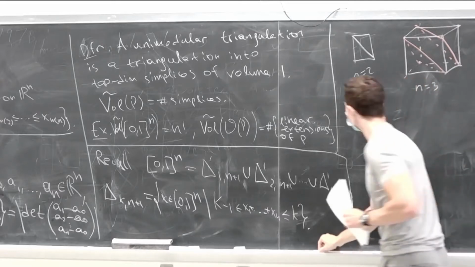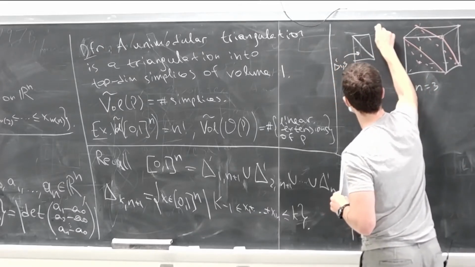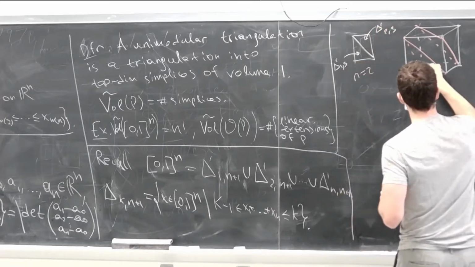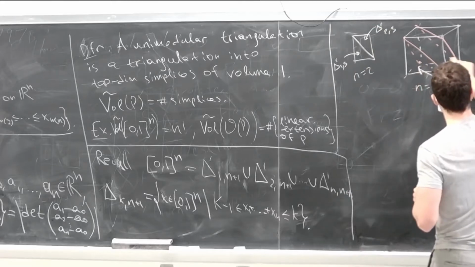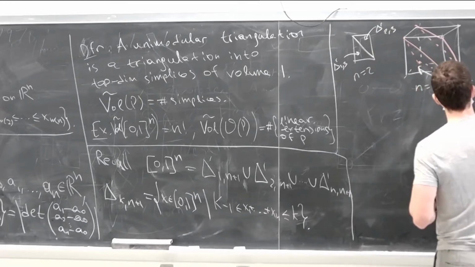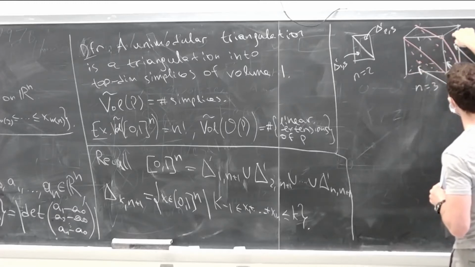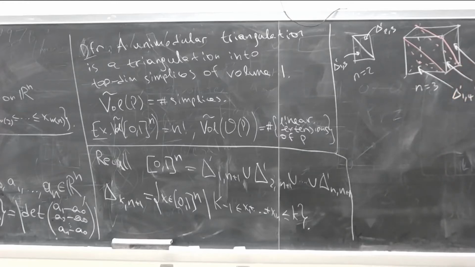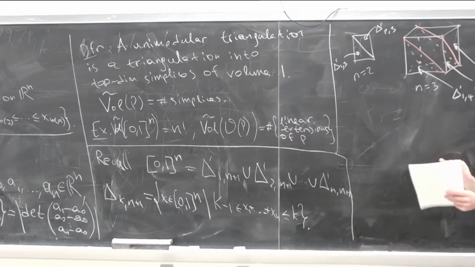These slices are delta prime 1 comma 3, delta prime 2 comma 3, and so on. These are delta prime 1 comma 4, delta prime 2 comma 4. Right, the tetrahedron, octahedron, and the upside down tetrahedron. So it is a union like this, and they don't really overlap in the interiors.